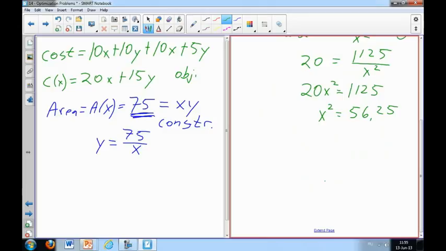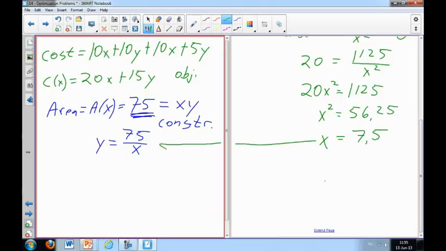Now, calculators come in very handy. Hit the square root button. We find that x is equal to 7.5. So we know that one side of it is going to be 7.5 meters long. Well, what should the other dimension be, or y? Well, we take our x and we put it into this equation.